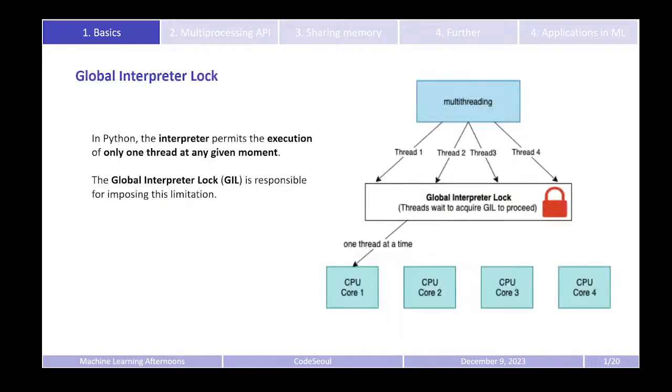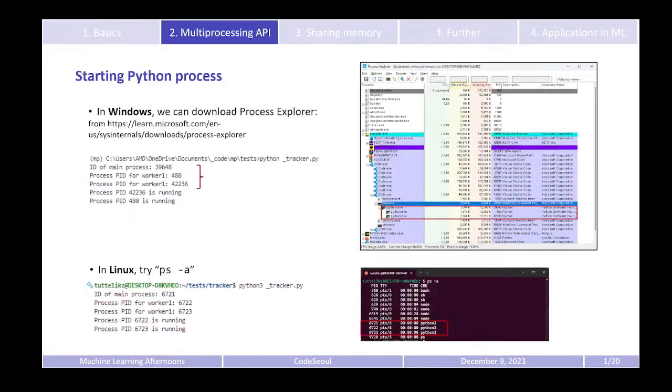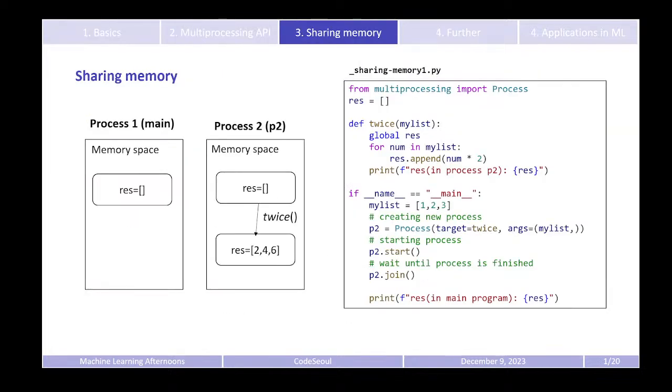Let's check. The simplest case, without any knowledge of the multiprocessing API, let's say we declare a global variable. Originally we have process 1 and process 2, and then we want to append to the list from process 1 in process 2. How do we do it?